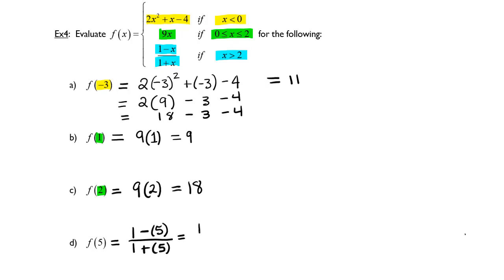This simplifies to 1 minus 5 over 1 plus 5, and I can rewrite that as negative 4 over 6. But negative 4 over 6 simplifies to negative 2 over 3, which is my final value for my range.